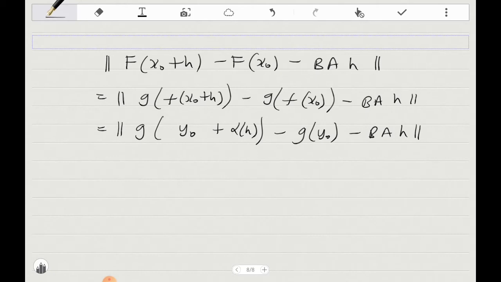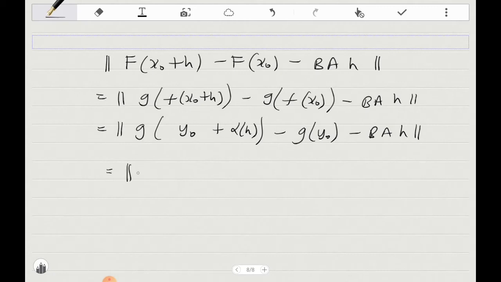So let's see how to do this. I know that after all, this g is differentiable at y naught. And I have already introduced some notation for the difference.